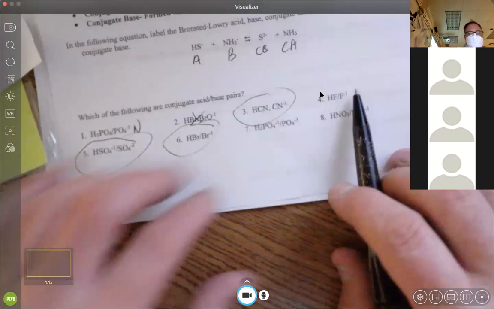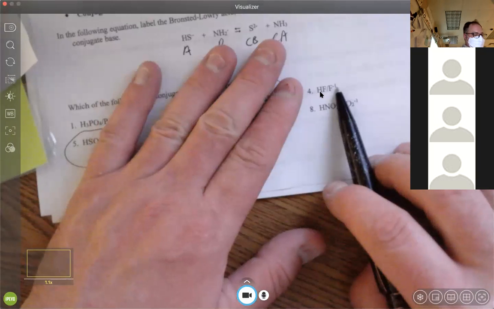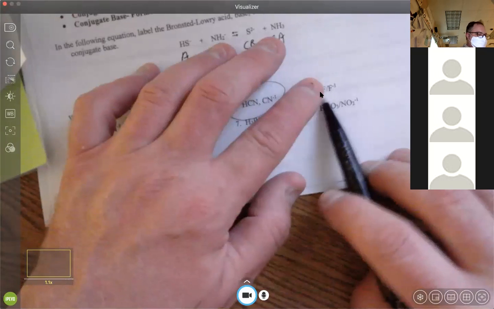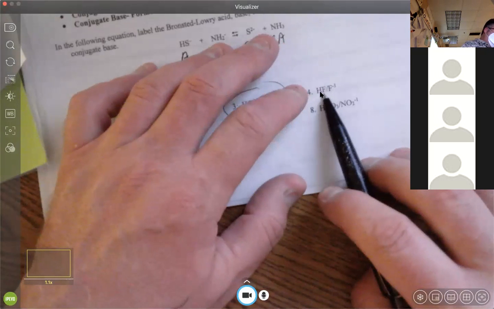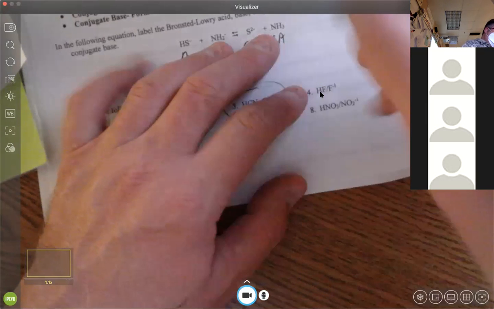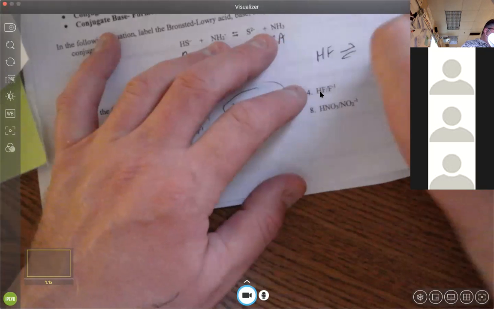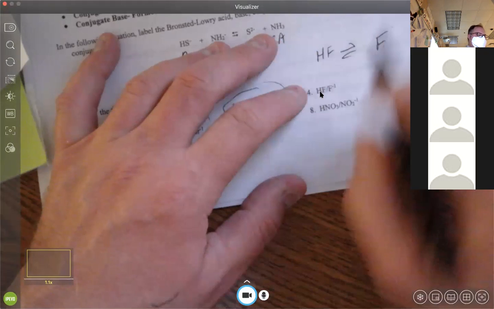So let's look down here. HF versus F negative 1. Are these conjugate acid-base pairs? If HF acts as an acid, what will it form? If HF loses an H, it will form F what? Nope, OH is not coming from anywhere.